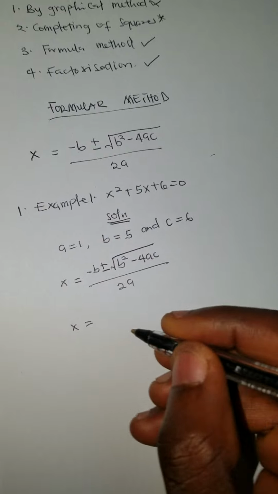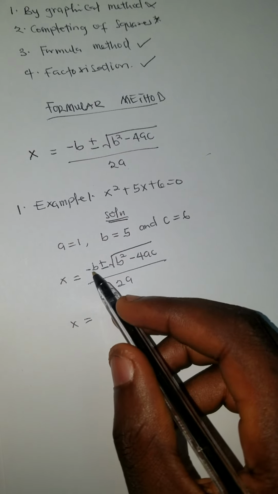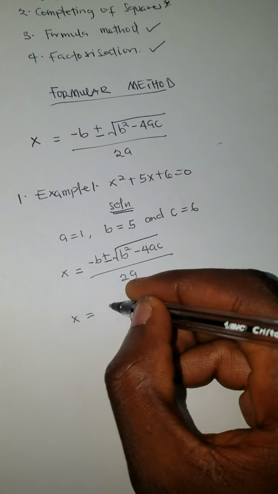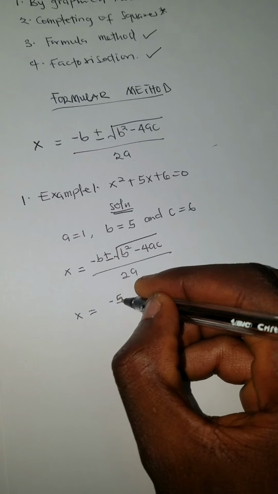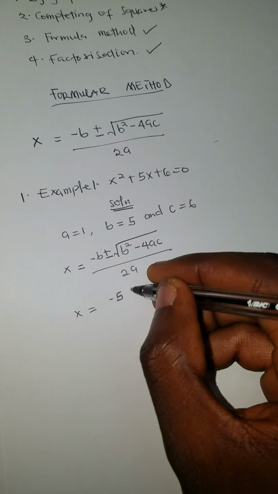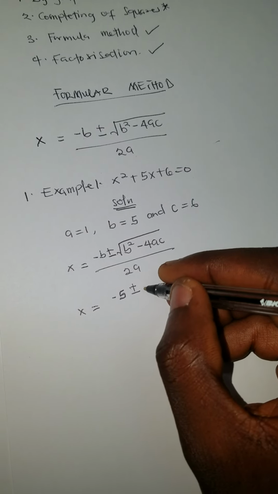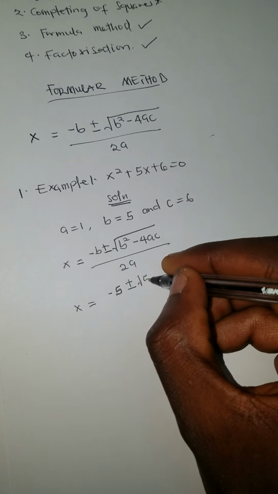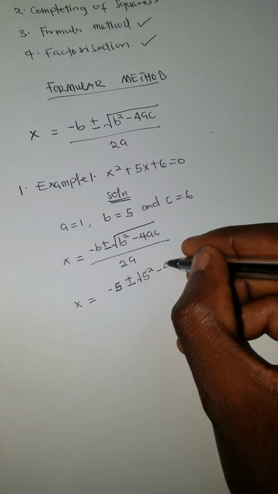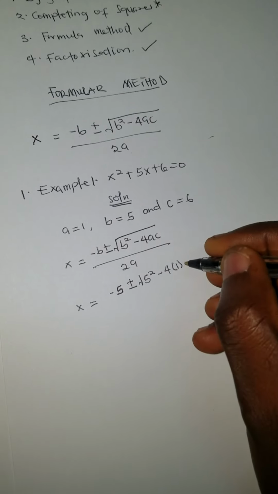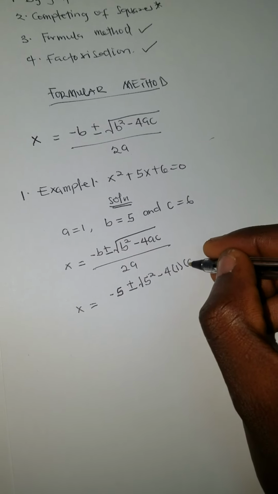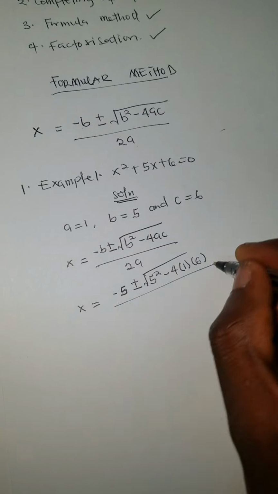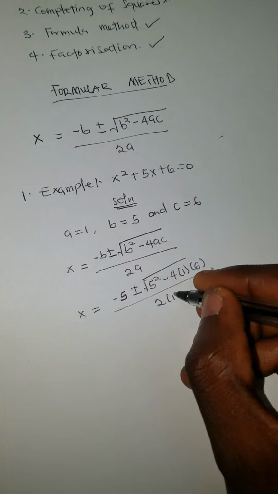Now our x is equal to, we know our b to be 5. Substitute them inside. So minus b, which is now minus 5, plus or minus a root of 5 squared minus 4 times a, which is 1, and c, which is 6, all over 2 times 1.